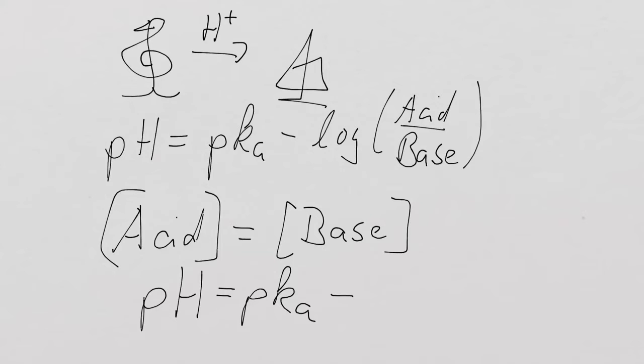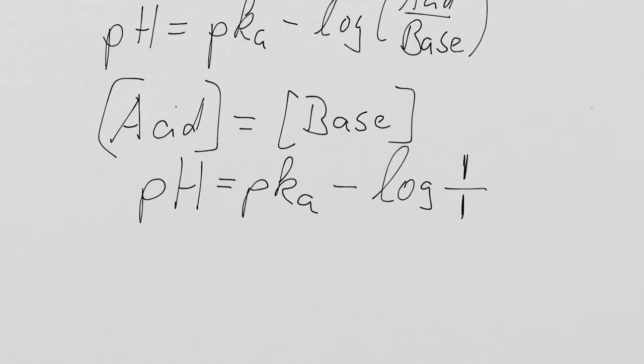You have log of acid to base, and if they are the same, the ratio would be 1 to 1, basically. That makes sense? 1 divided by 1 gives 1. Log of 1 gives you 0, obviously. So we have pH equals pKa.